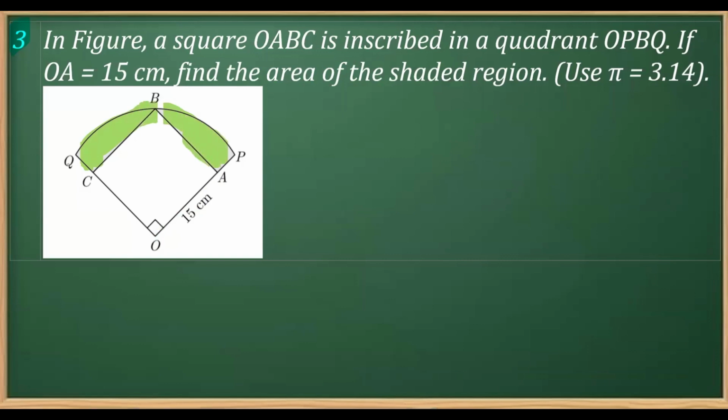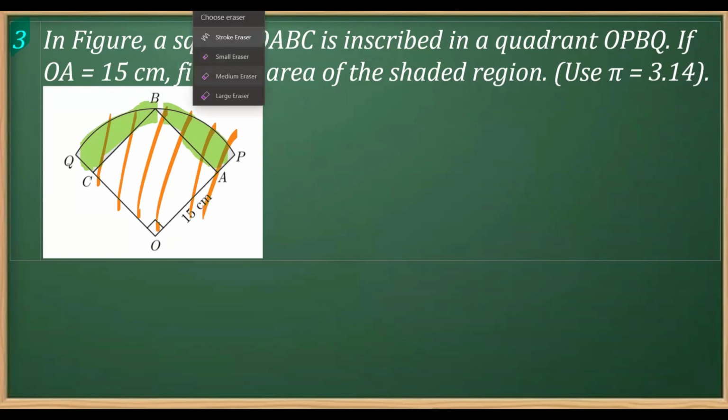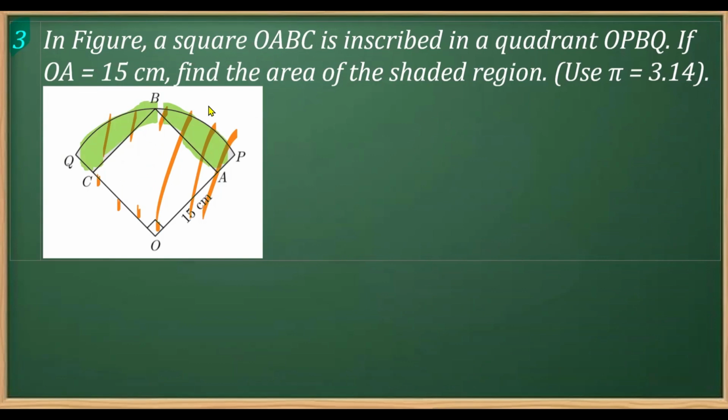One thing is very clear from the diagram: from the area of the quadrant, if we remove the area of this square, we should get the area of the shaded region.